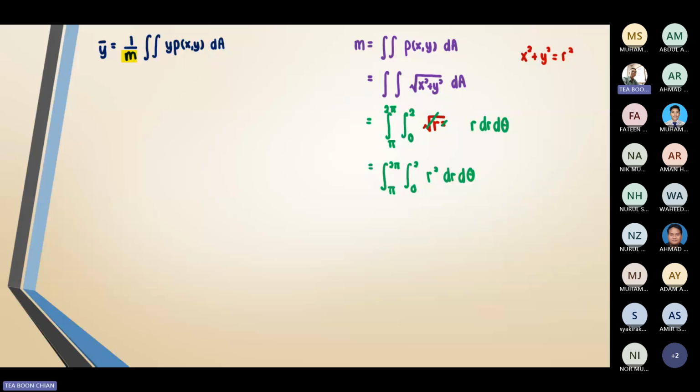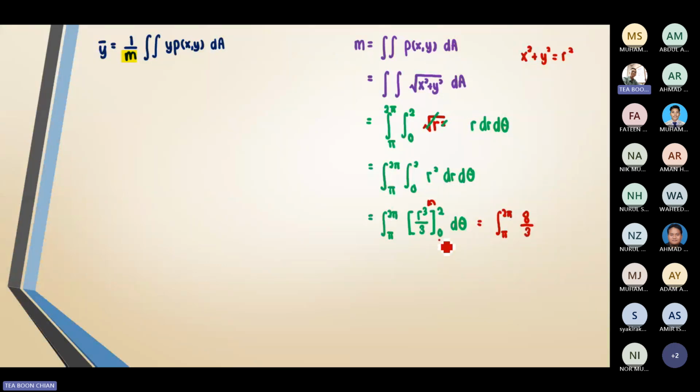So next, integrating with respect to r, giving you r power 3 over 3, substituting upper limit 2, lower limit 0. So this will give you the next step, integrate pi to 2 pi. Substitute 2 into it: 2 power 3 gives you 8, 8 over 3.